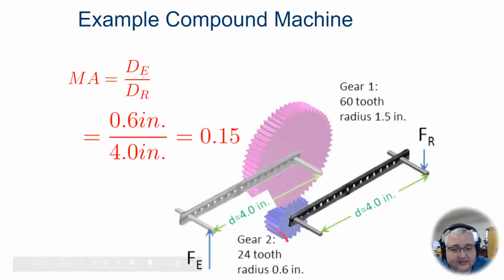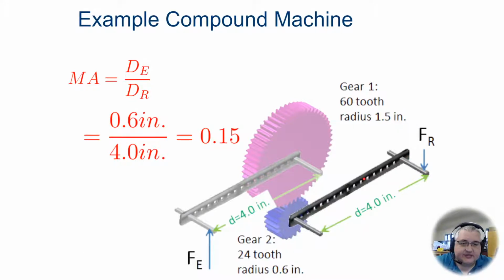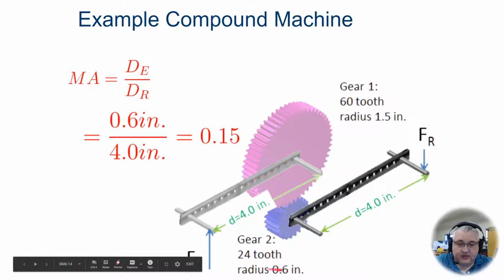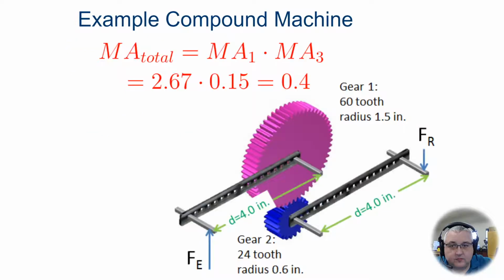And then for the last wheel and axle here, we have to use mechanical advantage. Effort distance divided by resistance distance, 0.6 divided by 4 inches. That gives us a mechanical advantage of 0.15. So we have two mechanical advantages there. We need to multiply them together to get the mechanical advantage total.